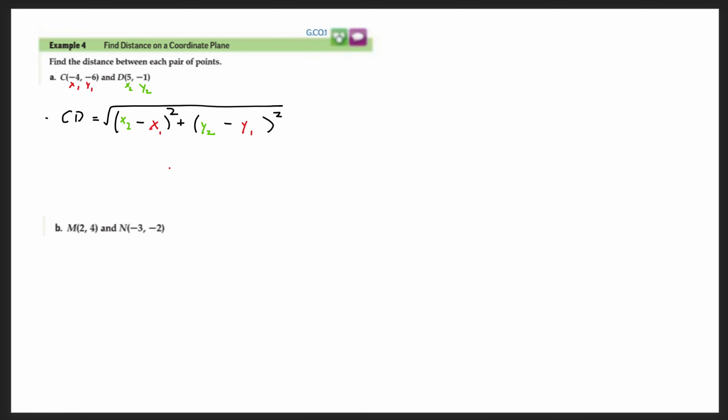The reason I did that is so that you can see the colors. So it's the square root of x2 minus x1 squared plus y2 minus y1 quantity squared.